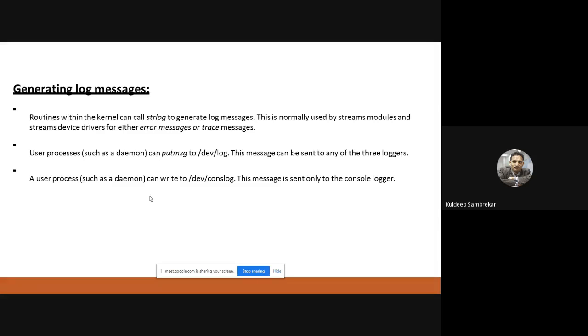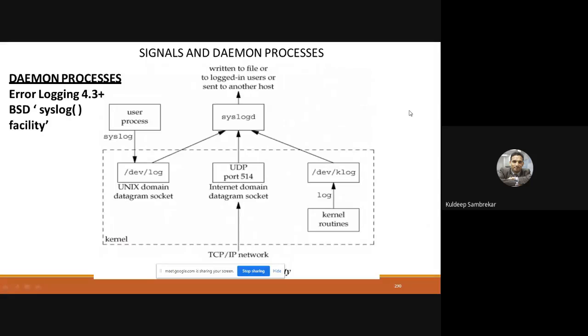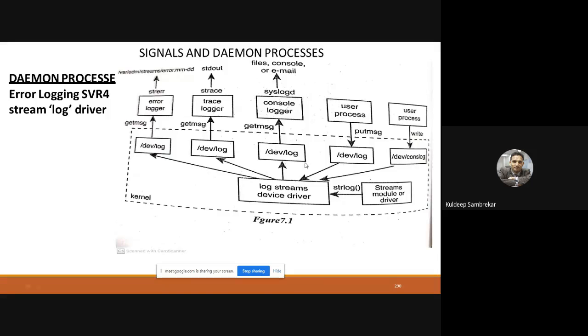Now once this error message is generated in SVR4, the next thing is how I can read these messages. A user process can generate an error message either by writing to the console or directly by calling the system call putmsg to the log driver, or the kernel can generate the log from strlog.